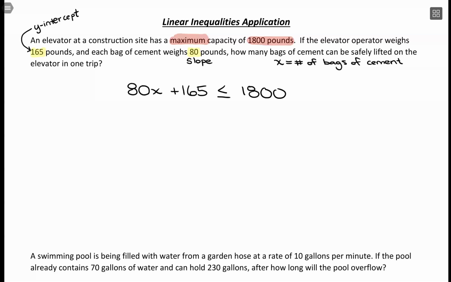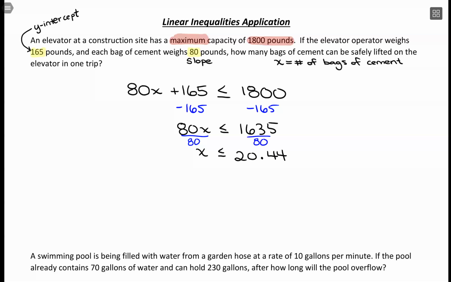Now let's solve. So I'm going to subtract 165 from both sides. So that'll give me 80 times x is less than or equal to 1,635. X will be less than or equal to, if I divide by 80, sorry, I kind of skipped that step there. And let's just go ahead and round this to two decimal places, so 20.44.